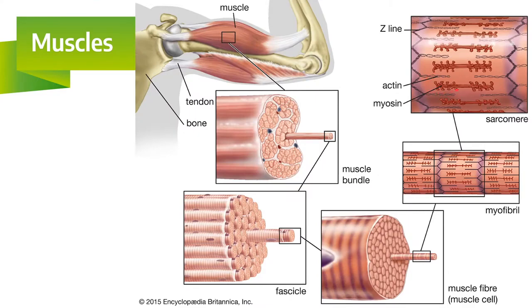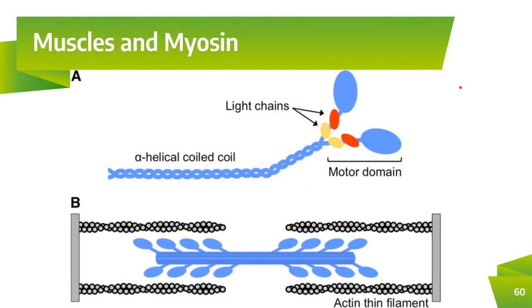And the myosin in this illustration is made up of an alpha helical coil. We've talked about that, I think, 2 workshops ago, right? So 2 alpha helices that are basically twisted with each other. And then you have 2 light chains and a motor domain.